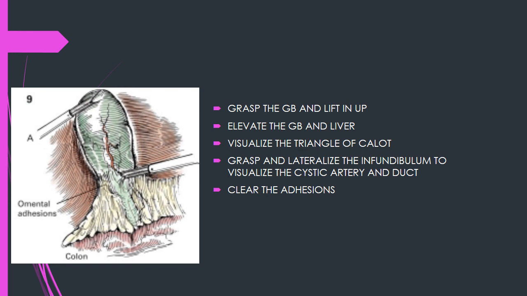Put in the Maryland from the epigastric port and take another grasper from the second port. Now triangulate both the instruments so that you are targeting a certain area. Start clearing off the peritoneum and the adhesions at the junction of the gallbladder and the cystic duct. Try to completely skeletonize this area and slowly move downwards.